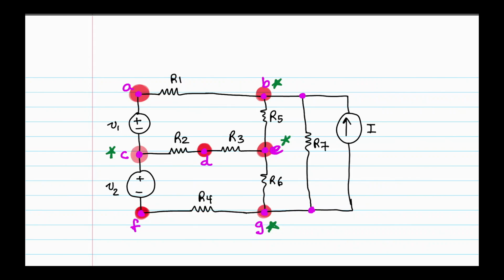So in this part, we are interested in listing all essential branches. An essential branch, again, if you remember, is a path between two essential nodes without passing through another essential node.